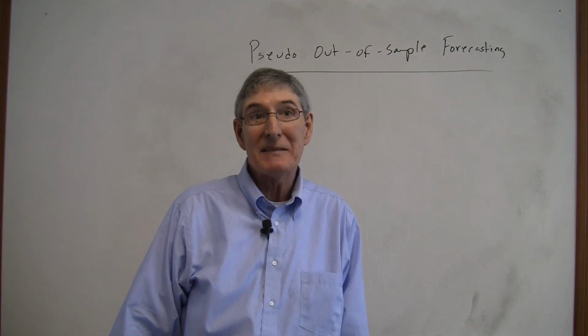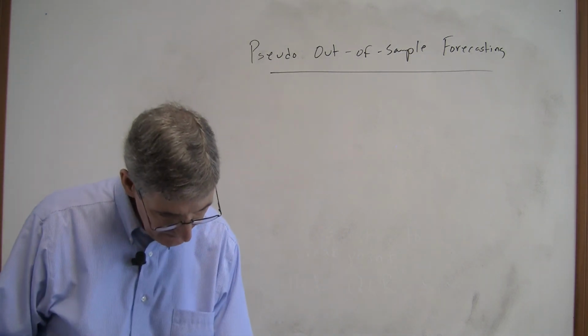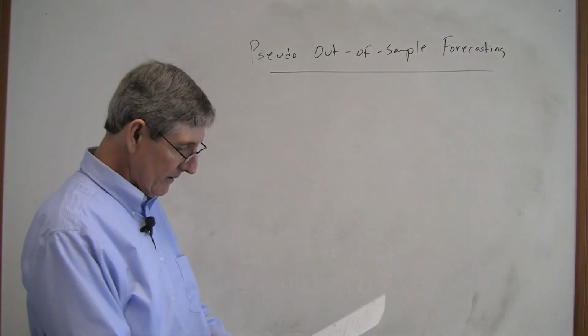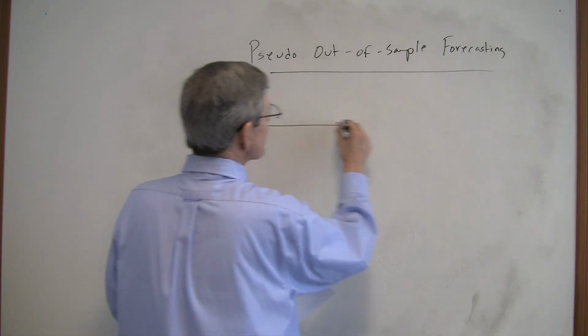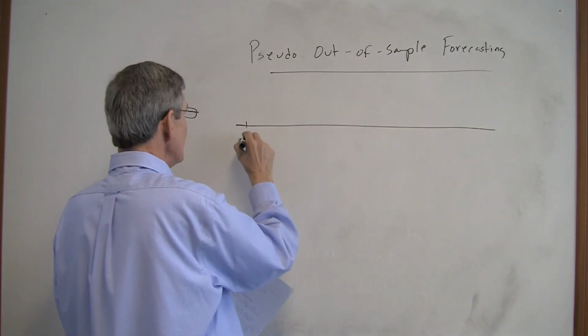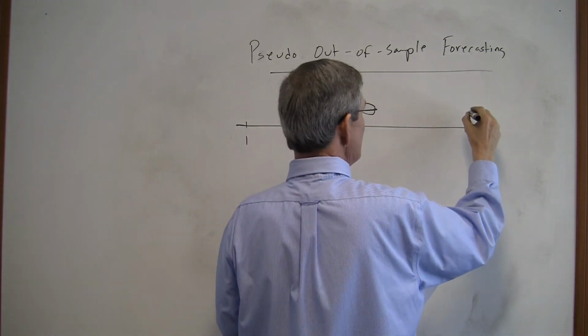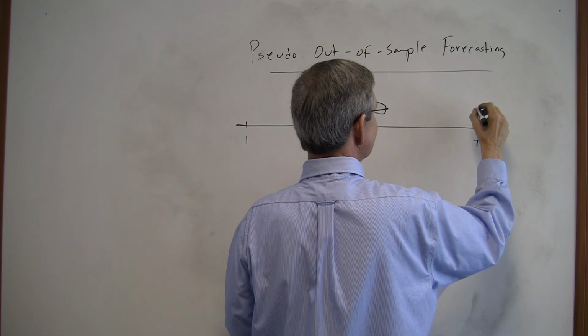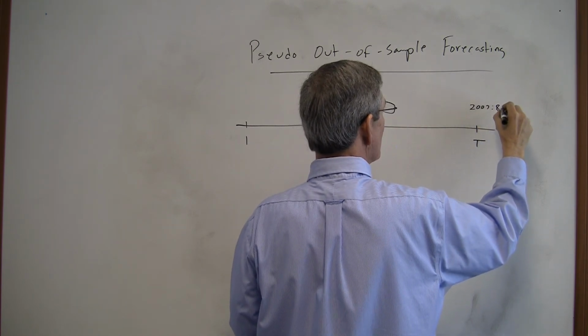So the ultimate test of a forecasting model is, of course, its ability to predict out of sample, its ability to forecast. What we can do is we have these data that go from 1 to T. So maybe this is, I don't know, 2007 Q4.